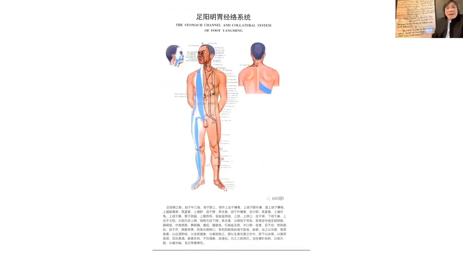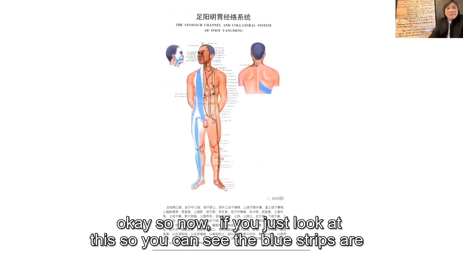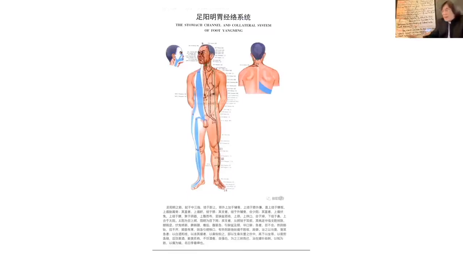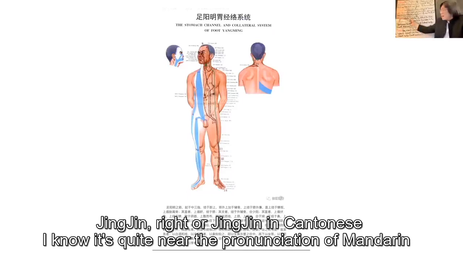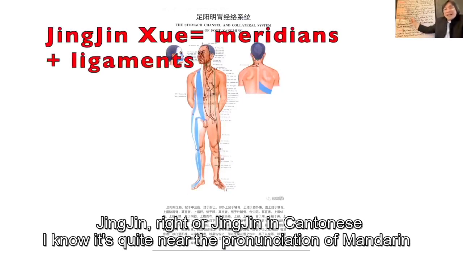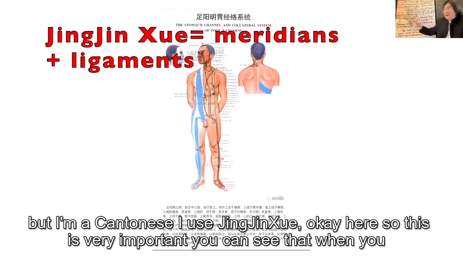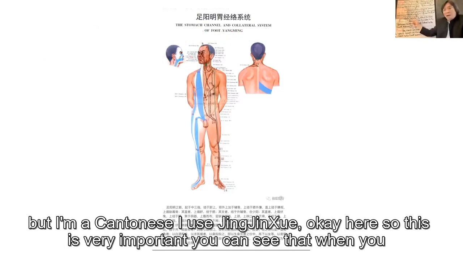Now if you look at this, you can see the blue strips are jin, or ging. Ging gan in Cantonese, ging gan, jin. I know it's quite near the pronunciation of Mandarin, but I'm Cantonese, so I use ging gan. So this is very important.